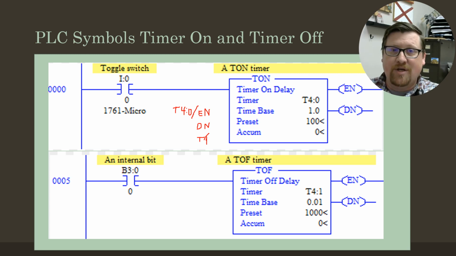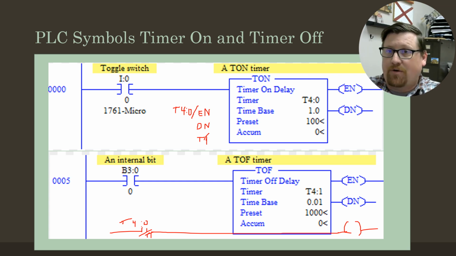So I could use this T4: timer timing, and then I could have an output on a rung, T4:0 timer timing. Whenever this is timing, it's energizing that output. It could be a motor, could be a light, could be just something that we need to turn on, and that's how that one works.